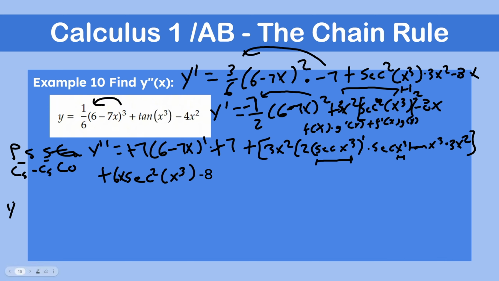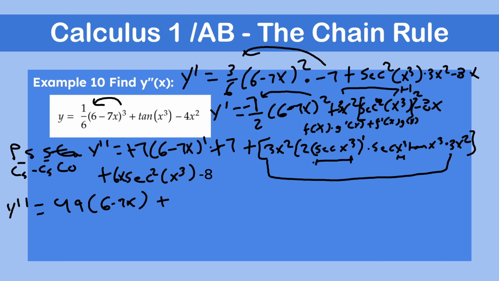So once we simplify this, we should get that 49 times 6 minus 7x plus, let's see, we have a 9 over here, an x to the power of 4, and 9 times 2 will be equal to 18. So you have 18 x to the power of 4 of secant x cubed multiplied by secant x cubed. So we have secant squared x cubed tangent cubed x cubed, sorry.